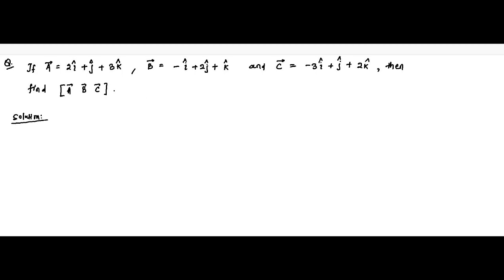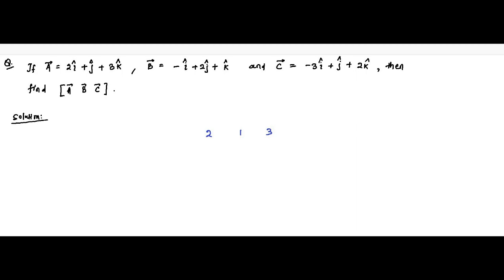So we know that the scalar triple product involves the determinant of the respective components x, y and z in the proper order. So first we'll write the x, y and z components of a vector, that is 2, 1 and 3.